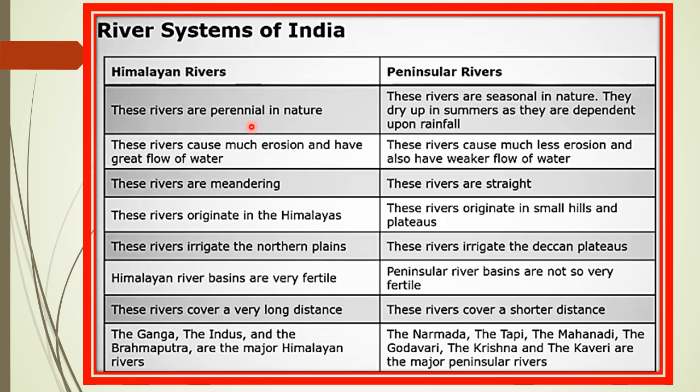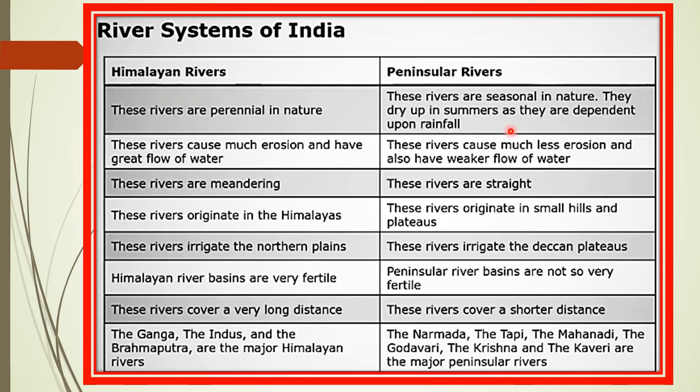And these Himalayan rivers, when they come down from the mountain, lots of water gushes down and that causes a lot of erosion, whereas in the peninsular rivers, there is less erosion because the water content is less. Now the Himalayan rivers meander, that means they make loops and turns. The peninsular rivers flow straight, they don't make any loops and turns.